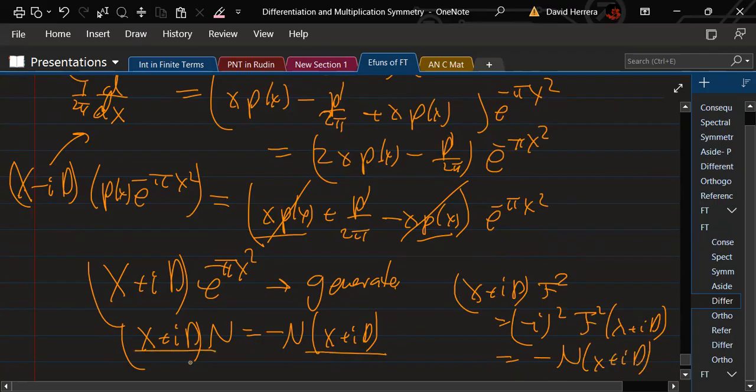And what it means is that if you start with an eigenfunction of n, which is even or odd, every time you apply x plus id, it's going to change the sign of the eigenfunction for n.